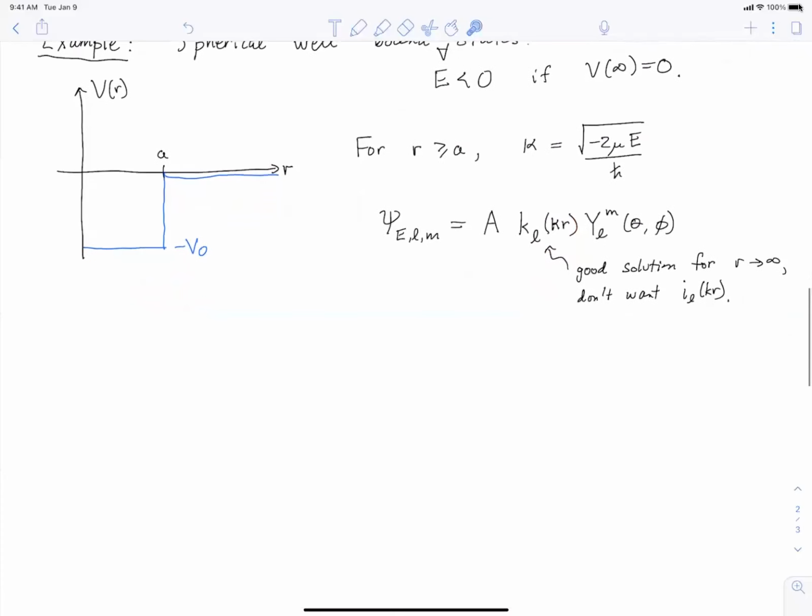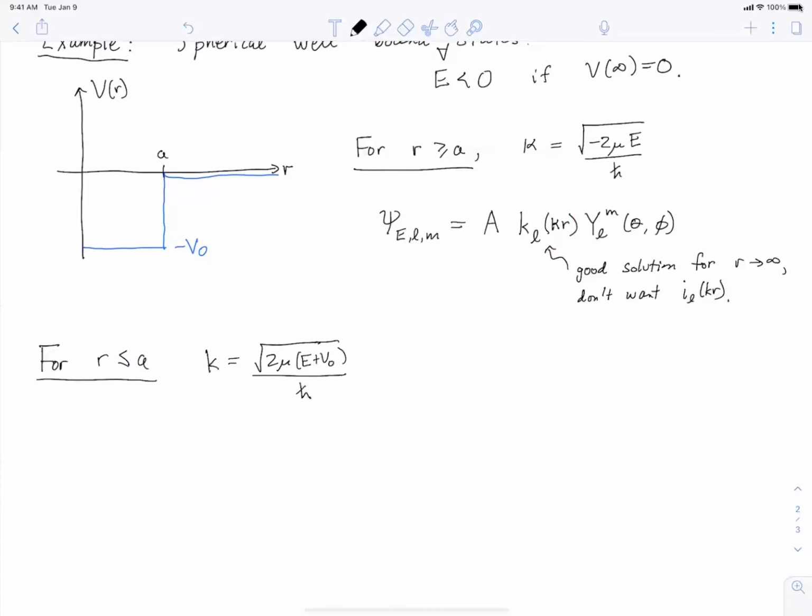Okay, this was for r greater than or equal to a, and now for r less than or equal to a. Okay, now k is equal to the square root of 2 mu times E plus V0, over h bar.